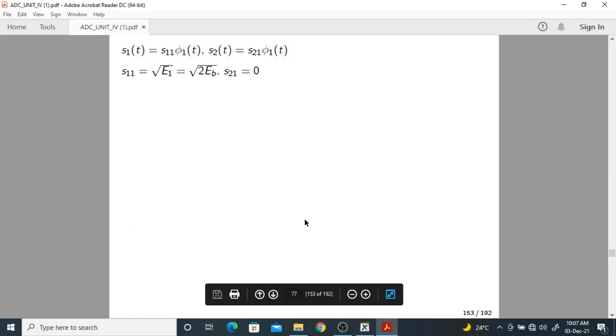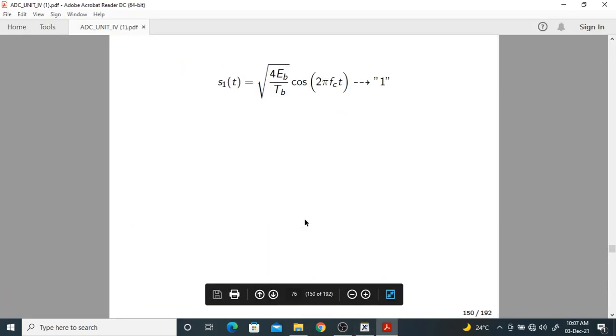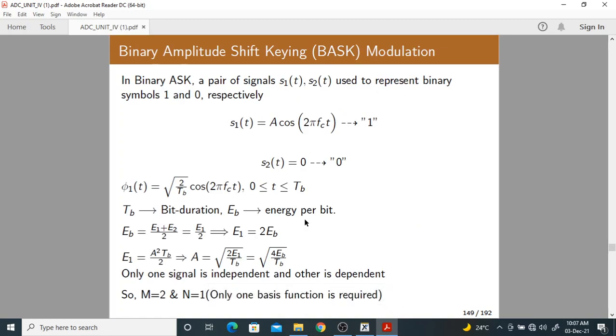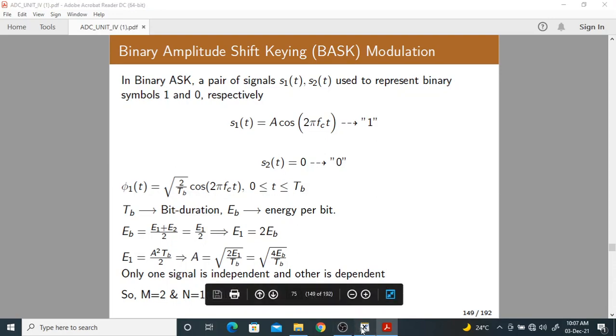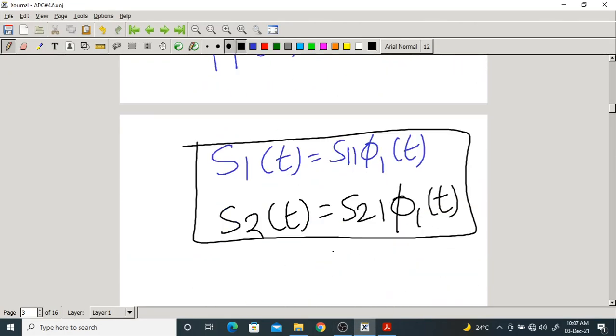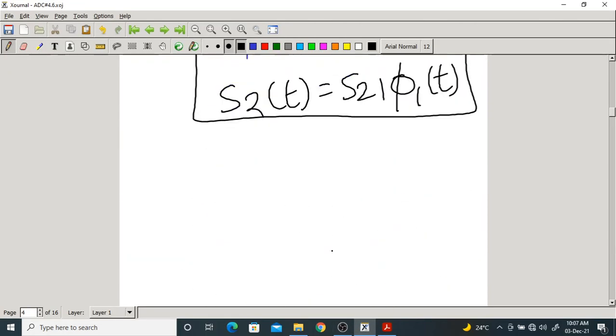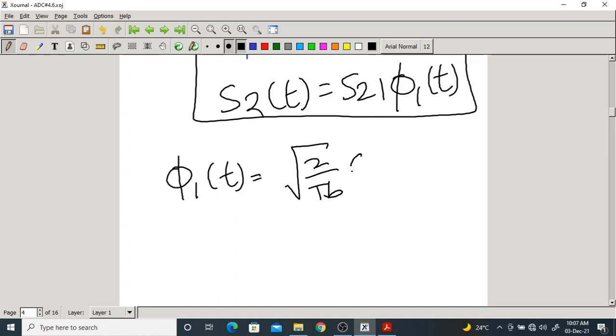How much phi 1 of t do you get? Phi 1 of t is root 2 by TB cos omega ct.